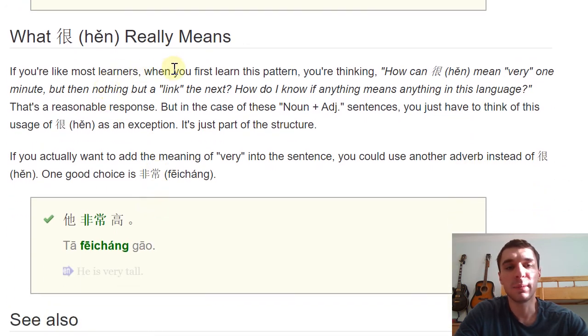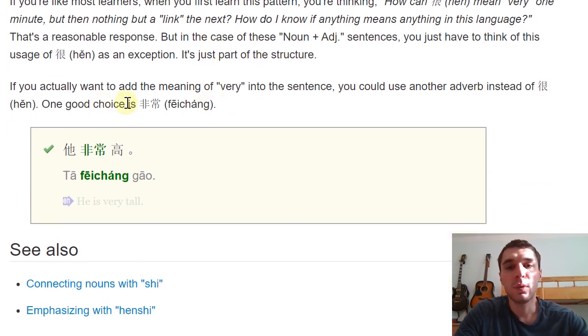What does 很 really mean? 很 really means very. So how do we know that this 很 sometimes means very, sometimes we just use it to link nouns and adjectives?